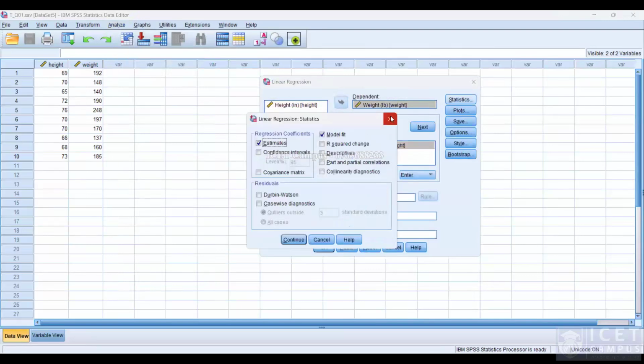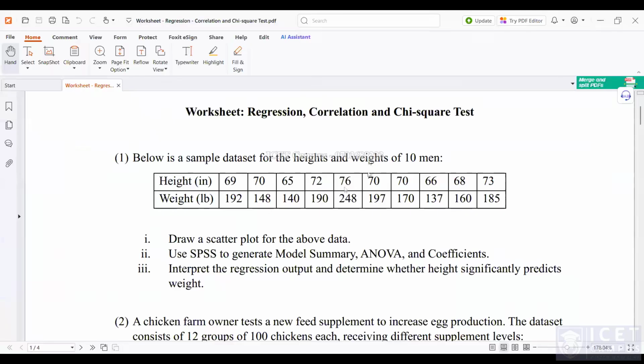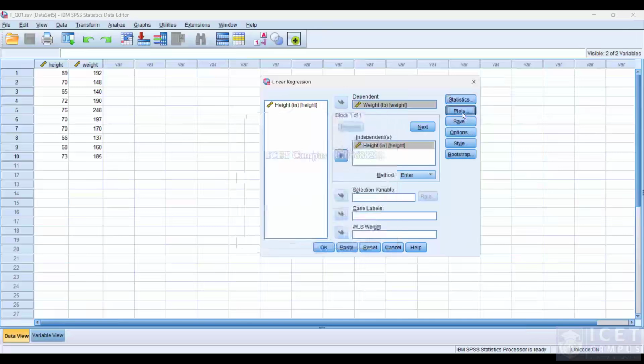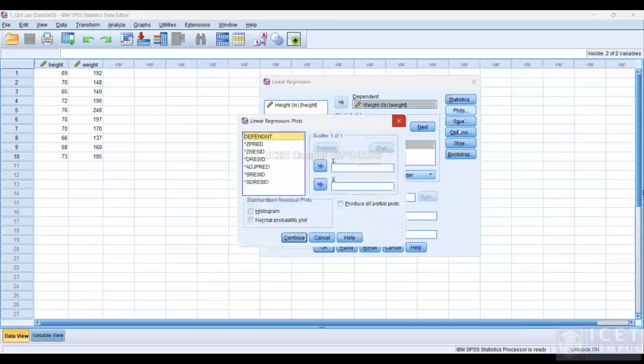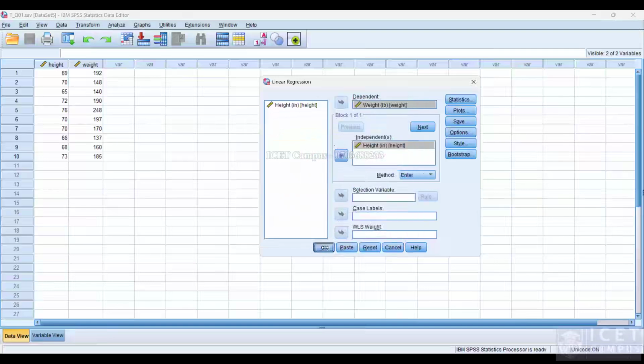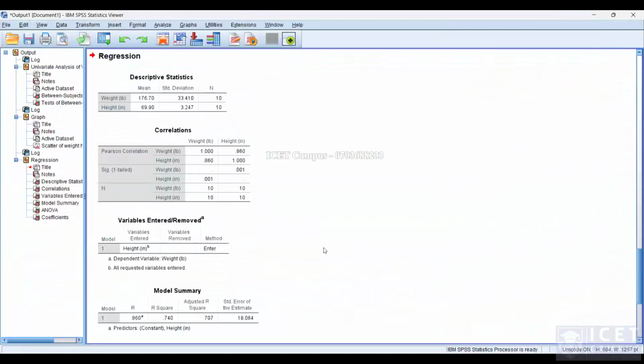So what we need to take as the outputs: model summary, ANOVA and coefficients, right? So we can take descriptives if we need, and options. We'll take the output. Yeah. So we can take these outputs.